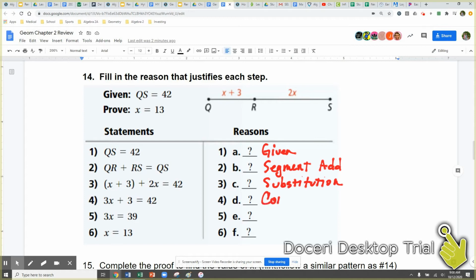Combining like terms. Thank you. Combine like terms would be our next step. Also, if you're just adding 2 constants together, just 2 normal numbers, you could say that's combining like terms, because numbers are like terms. You can add those together.